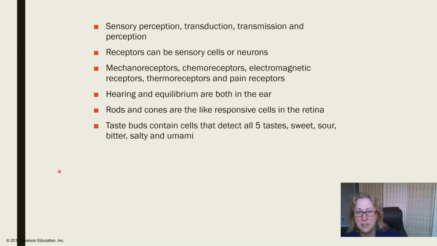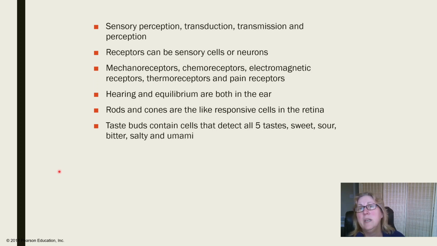We have taste buds for just five tastes in our tongue: sweet, sour, bitter, salty, and umami. And olfaction is everything else that we think is part of flavor or smell or taste that's not in our tongue.